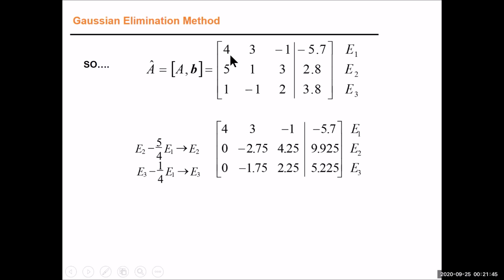Use this fraction, multiply it to the pivot equation, and subtract it out of the equation that you want to make zero. So E2 minus the ratio times E1 will give you this. You should take some time to convince yourself that this is so. This will be our new equation, E2.